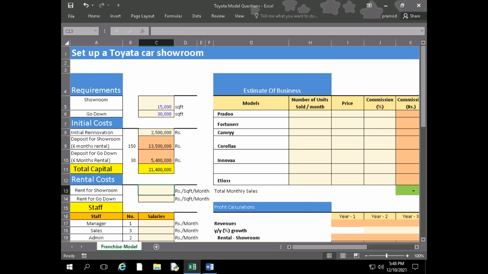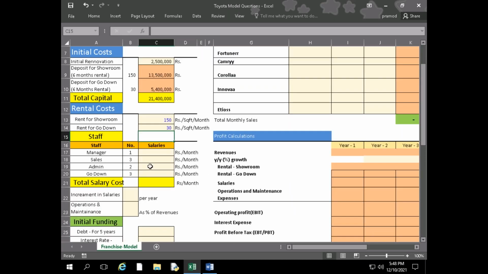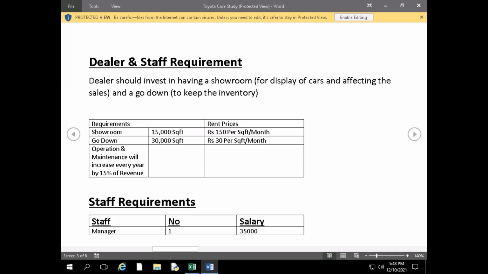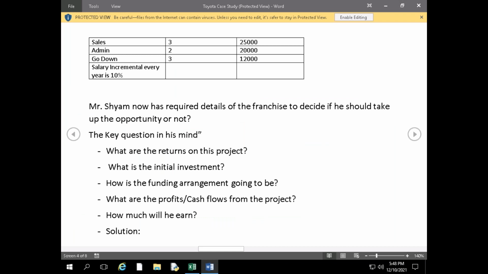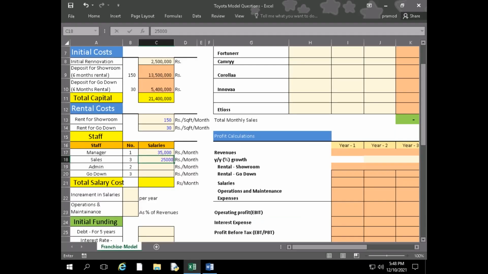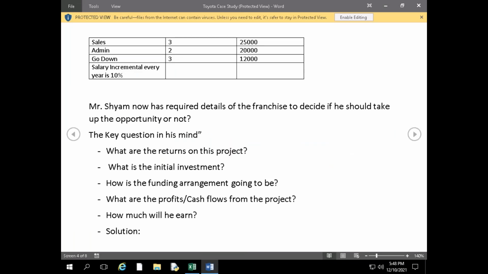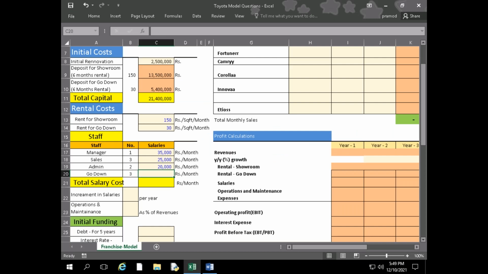So rent for the showroom is 150 per square feet, 30 per square feet. Then manager's salary is 35,000, sales 25,000, 20,000 and 12,000. Then this is the sum, sir.